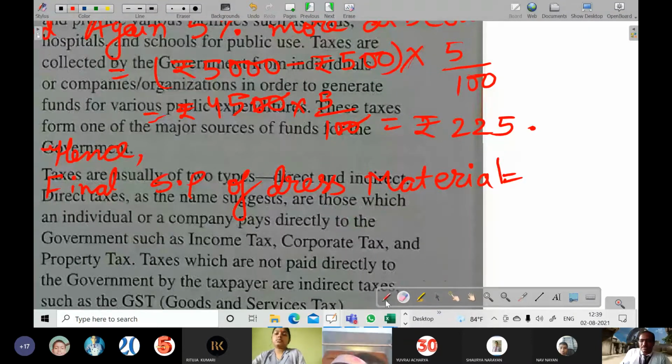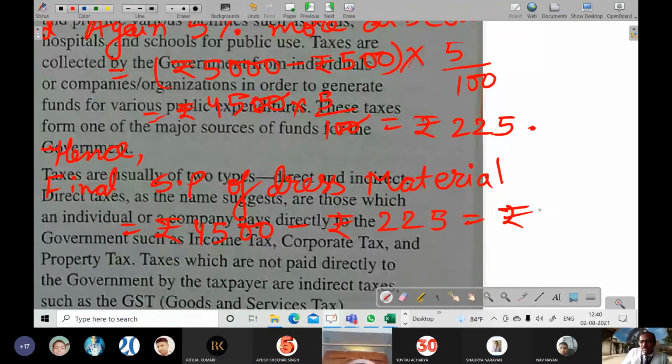So 4500 minus... better to write it here itself. It is equal to rupees 4500, because earlier after 10% discount it became 4500, and again 5% becomes 225. So minus 225, that is equal to rupees 4225. Sorry, while subtracting you will get 4275.